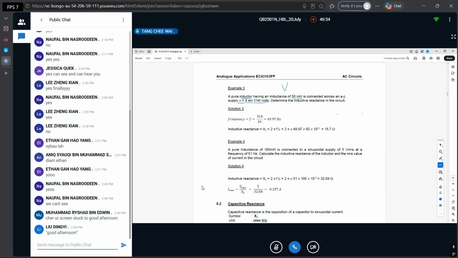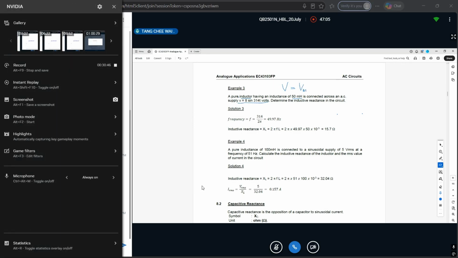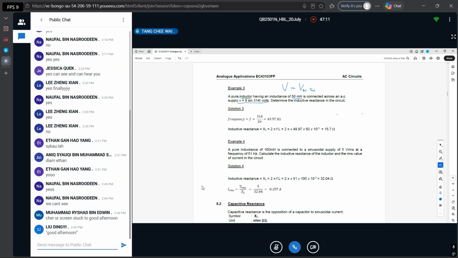V equals Vmax sine 2 pi f t. Okay, sorry, I write a bit slow.